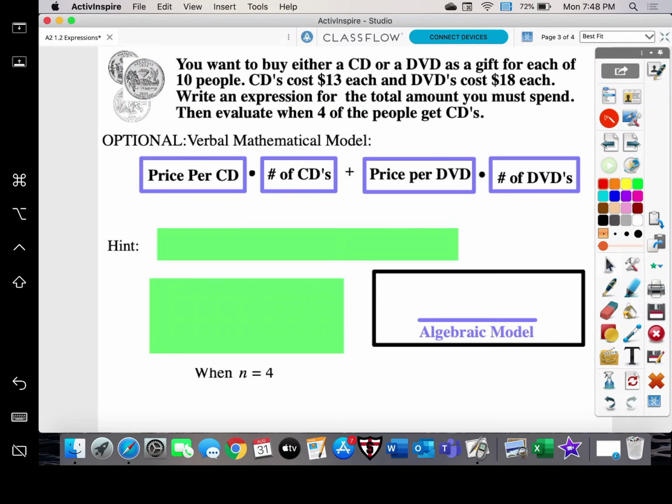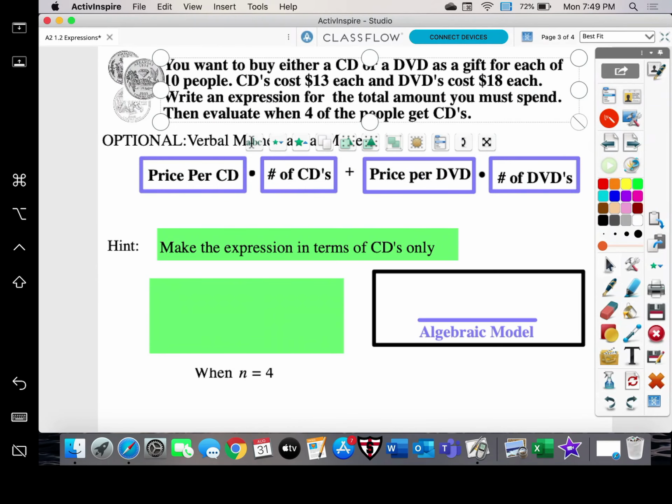Okay. One really good thing is we need to choose a variable. And I would give you the hint that your expression is in terms of CDs only. So CDs is going to be what's represented by our variable. So our price per CD was up here, $13.